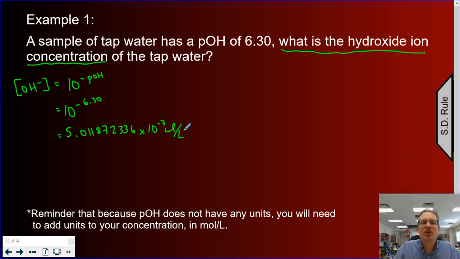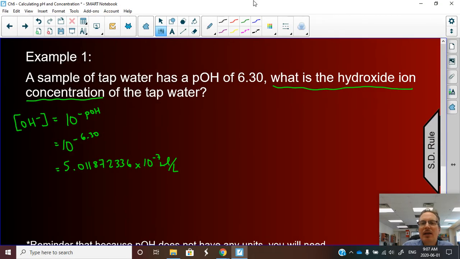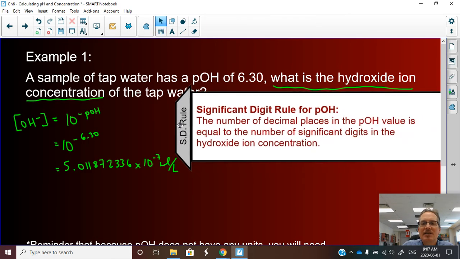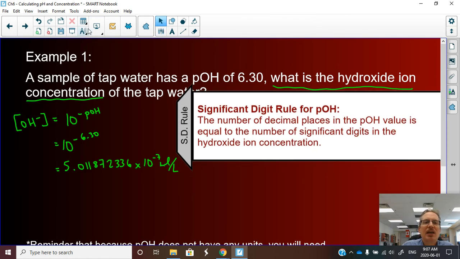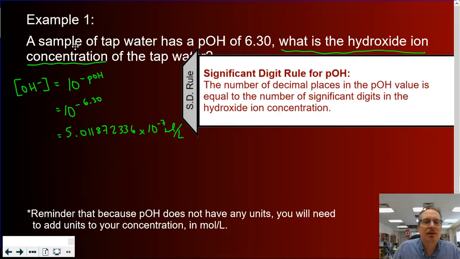Again, I want us to realize that the rule works exactly the same way. If you think about it as the number of decimal places for pH equals the sig digs in concentration, the number of decimal places in pOH will equal the number of significant digits in the hydroxide ion concentration.